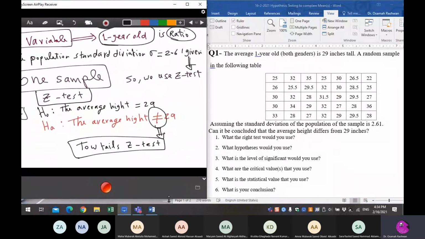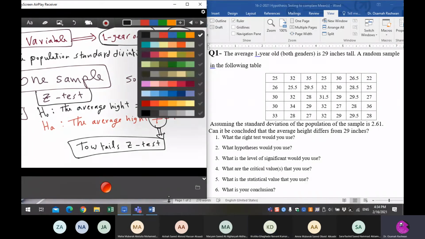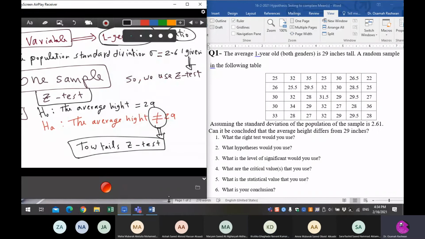Yes? How much is it? No, the 2.61 is the standard deviation of the population. This is not alpha. It's not given, so it is up to you. Choose whatever you like.